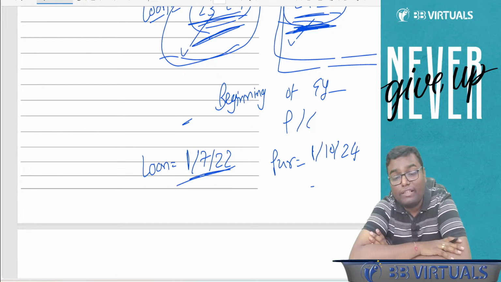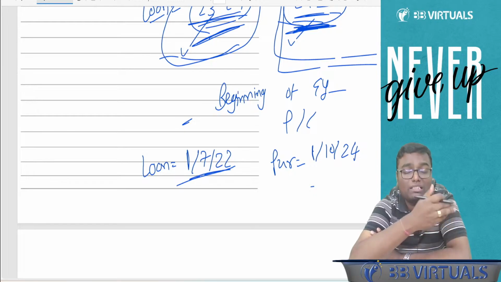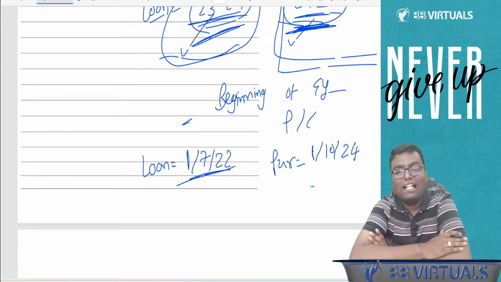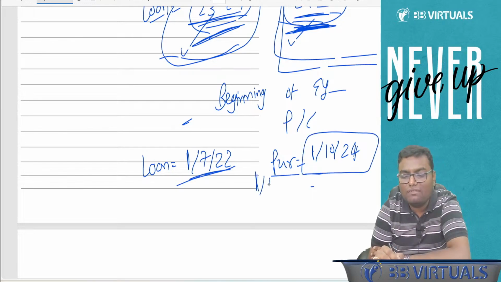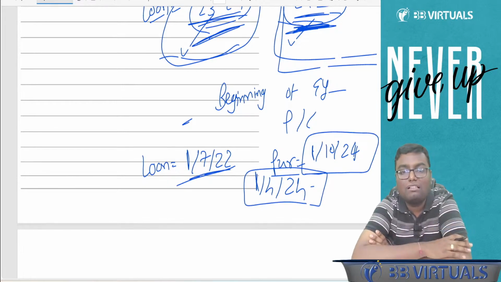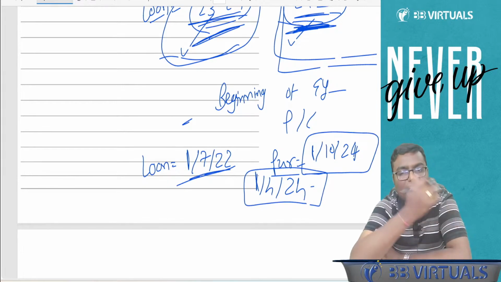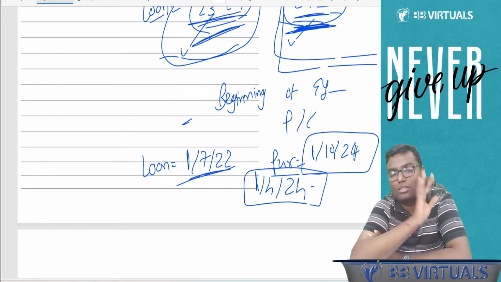So I have just written above the deduction of interest starts from the beginning of the financial year in which purchase or construction is completed. And here purchase is completed on 1st October 24. The beginning of the year is 1st April 24. My deduction will start from 1st April 24. I will get deduction from 1st April 24.